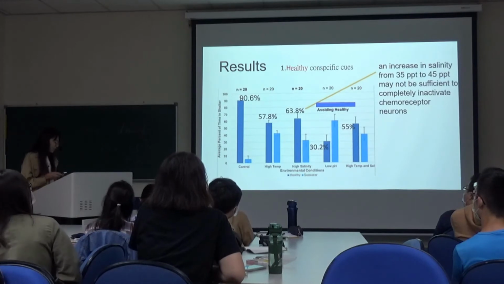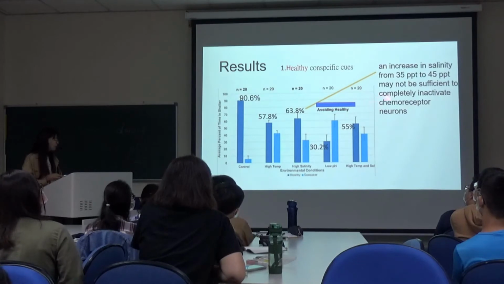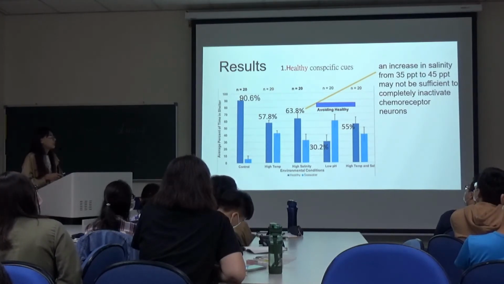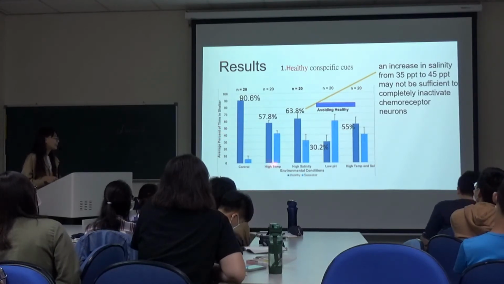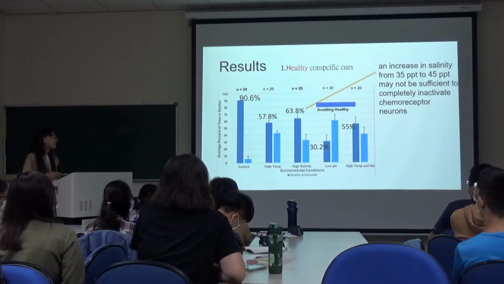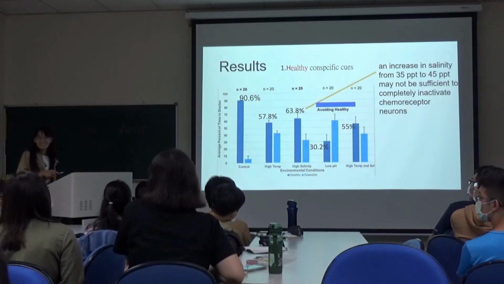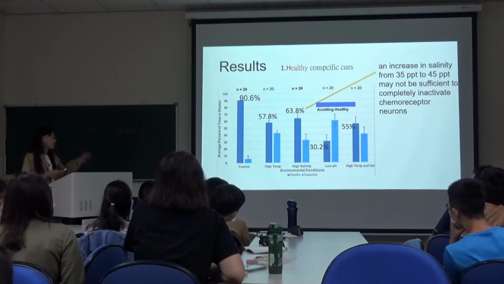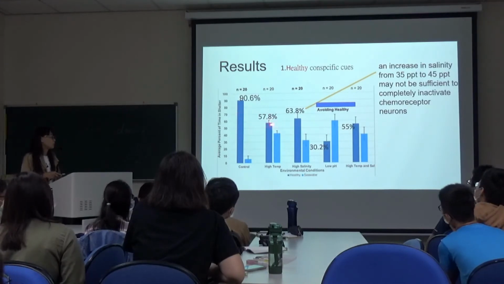The control trial lobster shows, with healthy cues, salinity more than seawater, that lobster prefer aggregation. But with high temperature, low pH, and high temperature and salinity, the lobster will not prefer to aggregate because it is impaired.